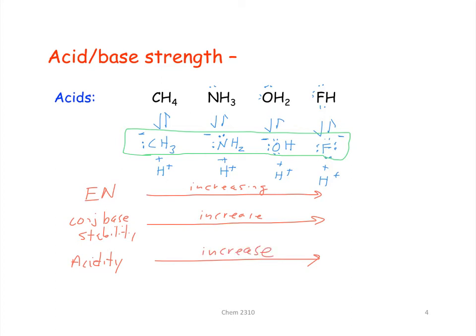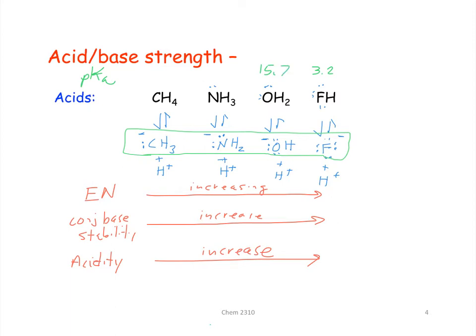All right, and so let's write out, we'll fit it in up here on the top, the pKa values for each of these compounds. The pKa value of HF is 3.2. The pKa of water, maybe you guys remember this one, is 15.7.